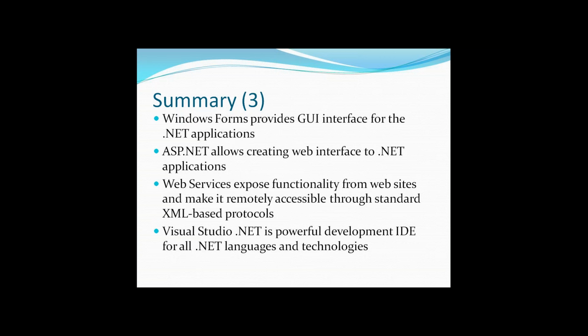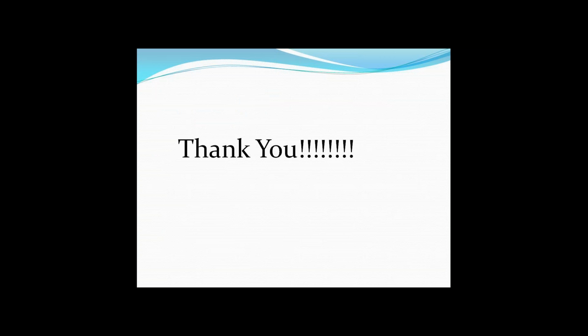Then Windows Form and web-based application. Windows Form provides a rich look by using a graphical user interface. ASP.NET allows us to globalize our application, make web services, expose some advanced functionality, and make it remotely accessible through XML support.